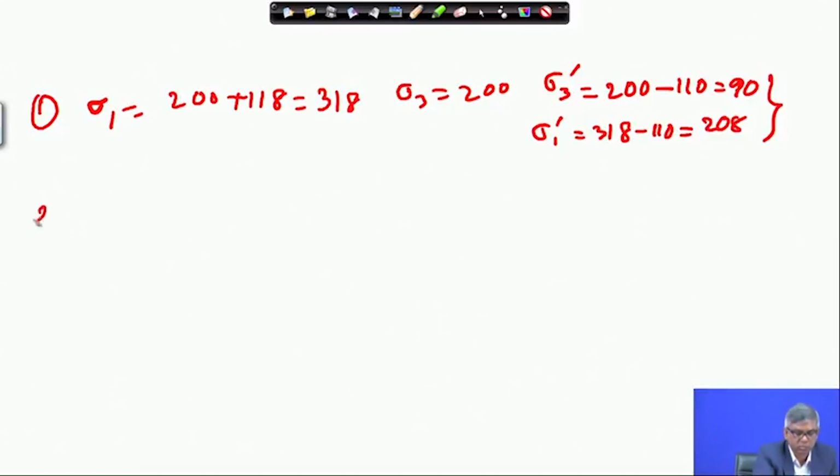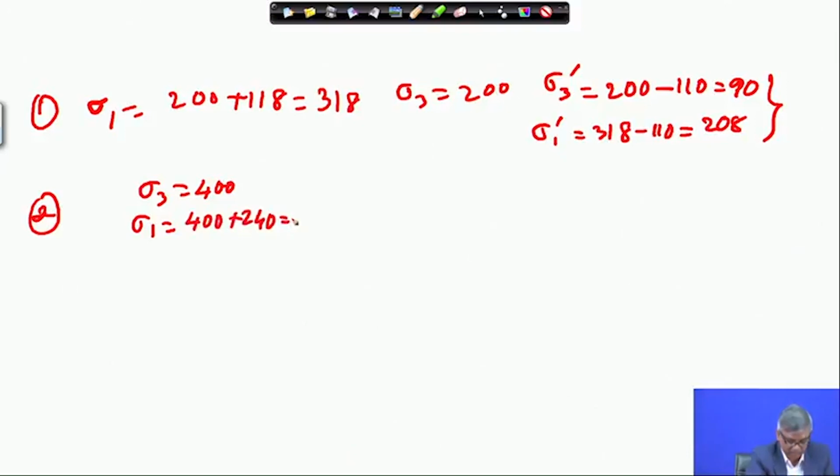For test 2 similarly, sigma 3 is 400 and sigma 1 will be equal to 400 plus 240, that is 640.